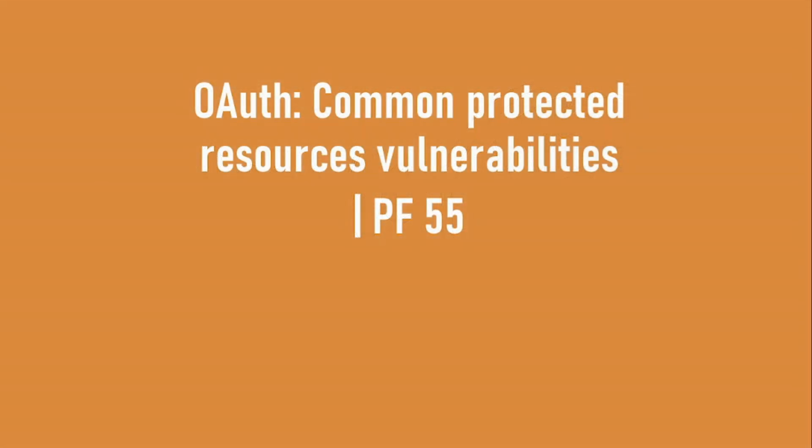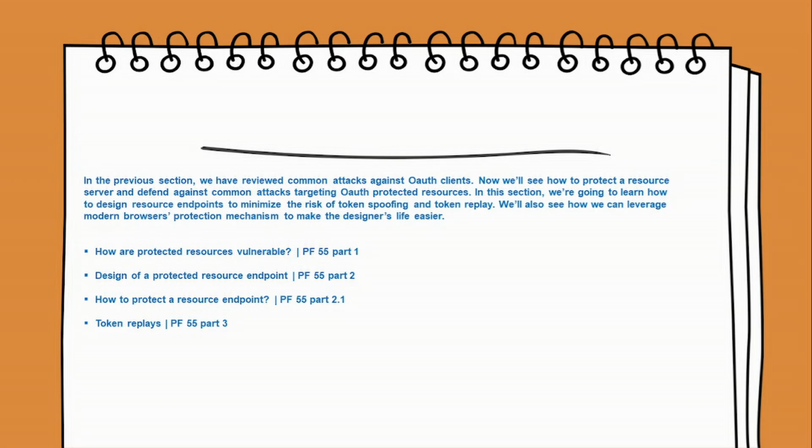So let's discuss common protected resource vulnerabilities, that is PF55. Let's quickly jump to the next slide. In the previous section, as I just told, we reviewed common attacks against OAuth clients. Now we'll see how to protect a resource server and defend against common attacks targeting OAuth protected resources.